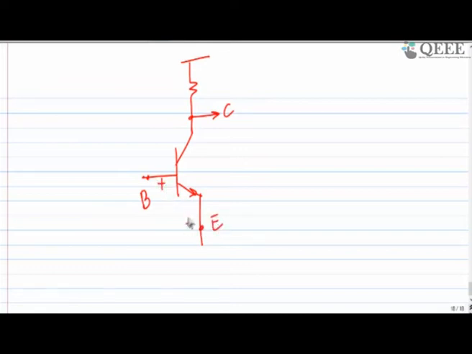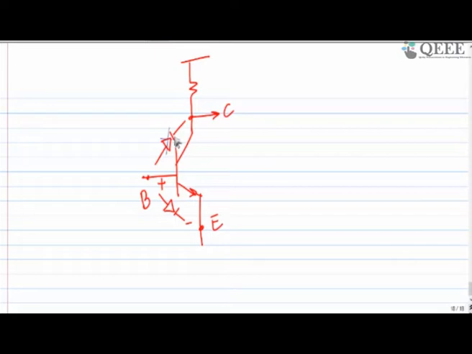To make this transistor in active mode, what I need: base to emitter has to be forward bias, base to collector has to be reverse bias. So it has to be reverse bias, meaning this way.